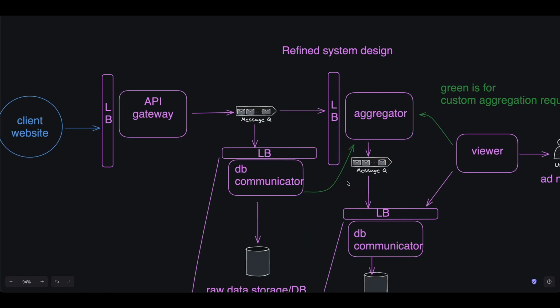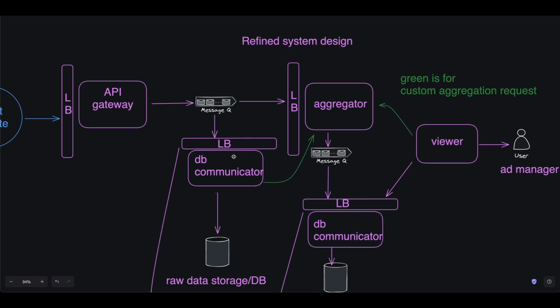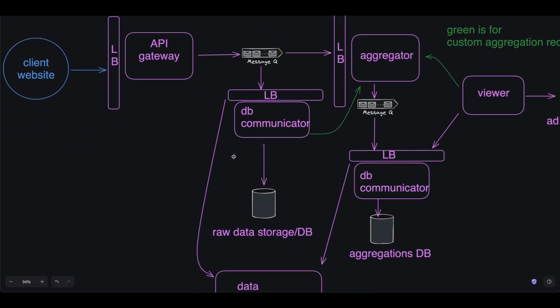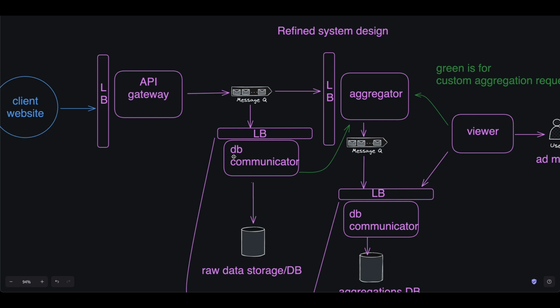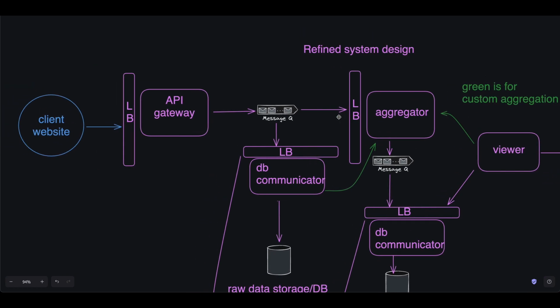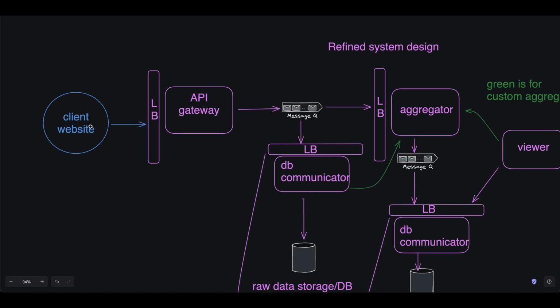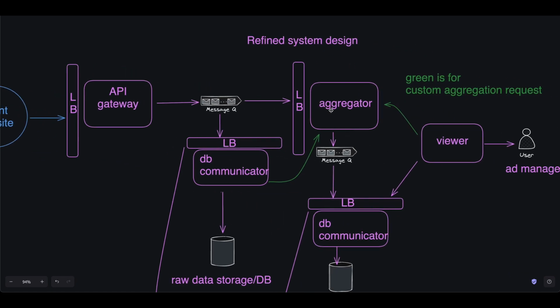Let's refine our system. So first of all, we must put a load balancer in front of every service that's going to be experiencing big load, high throughput. That's what we've done here. Also, if we were to just directly pass data from the API gateway to our aggregator, we may come up with failure in the aggregator. We can have some bugs in the aggregator, we can have cluster outages and so on.